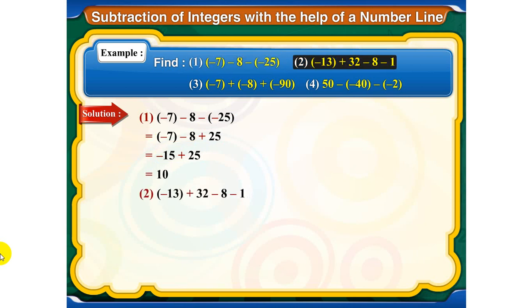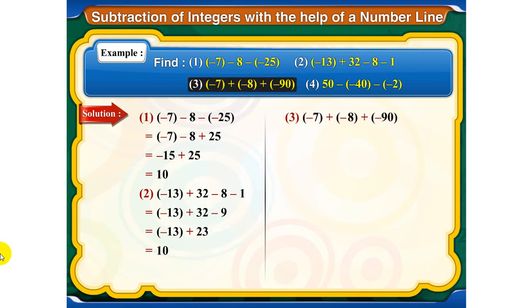Minus 13 plus 32 minus 8 minus 1. This is equal to minus 13 plus 32 minus 9. That is equal to minus 13 plus 23, which is equal to 10.